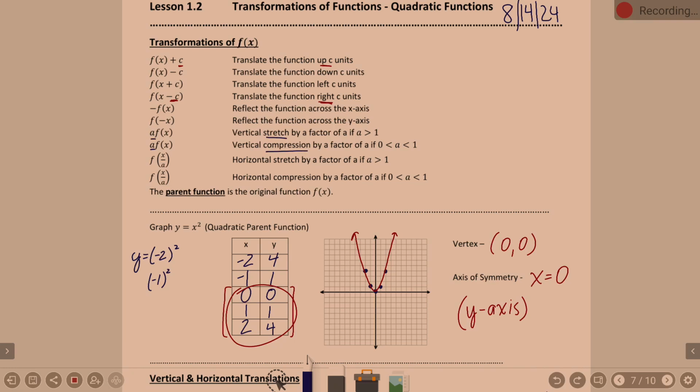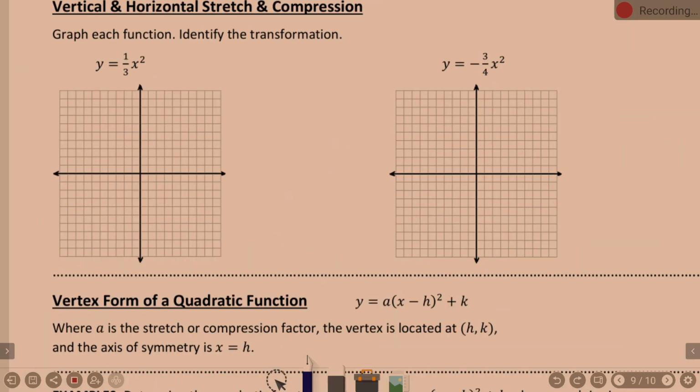On my first example, it is what? 1/3 x squared? Where does 1/3 fall? Stretch or compress? Compress. 1/3 is a number less than 1, correct? So since it's a number less than 1, we're going to compress. So it asks us to identify the transformation.